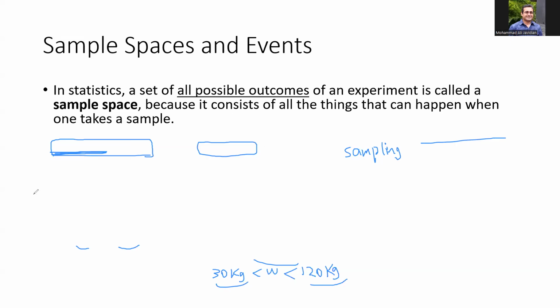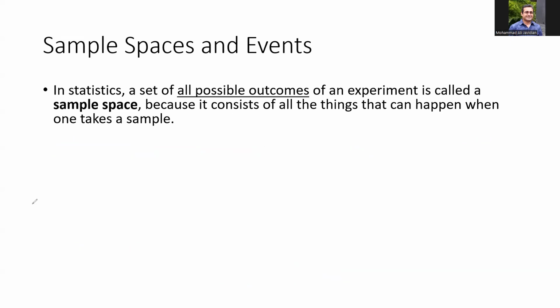Another concept, which is very important before the definition of the probability of a variable or an event, is the sample space. A sample space means the set of all possibilities and all possible outcomes of an experiment.